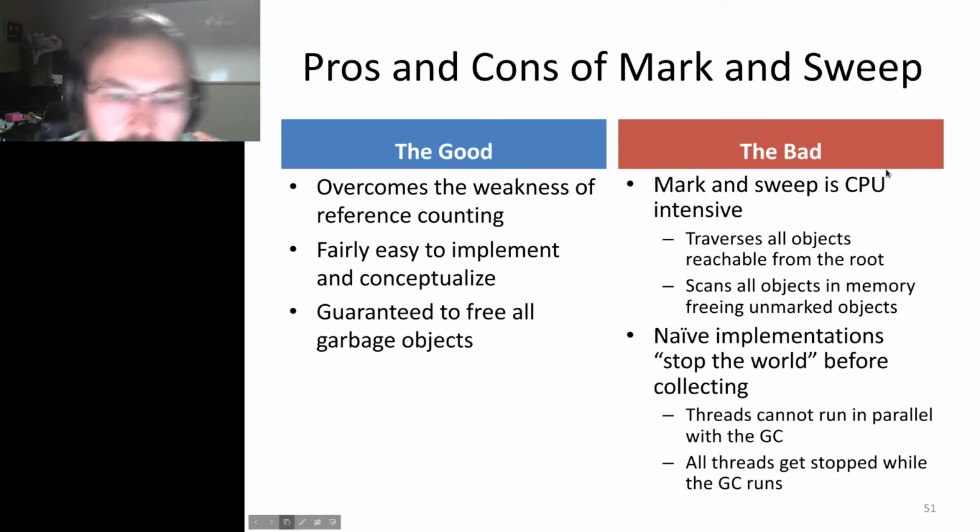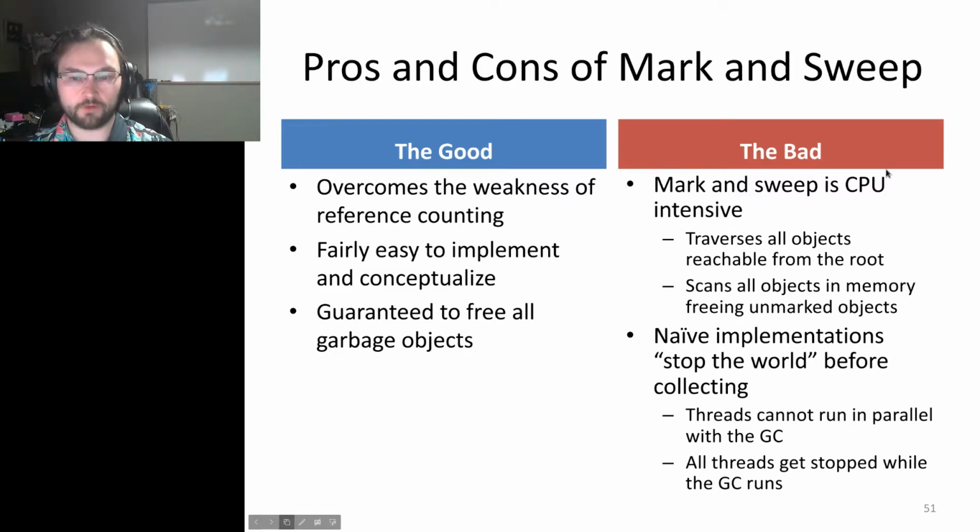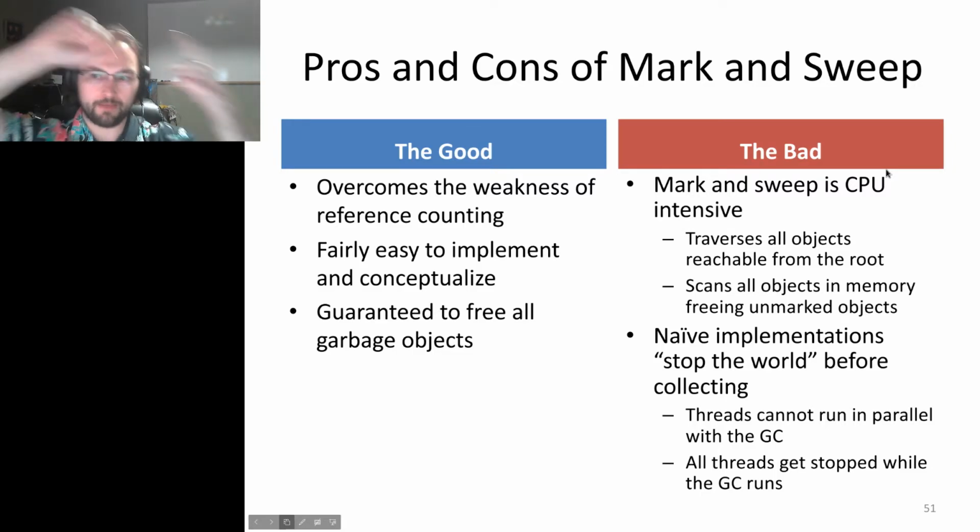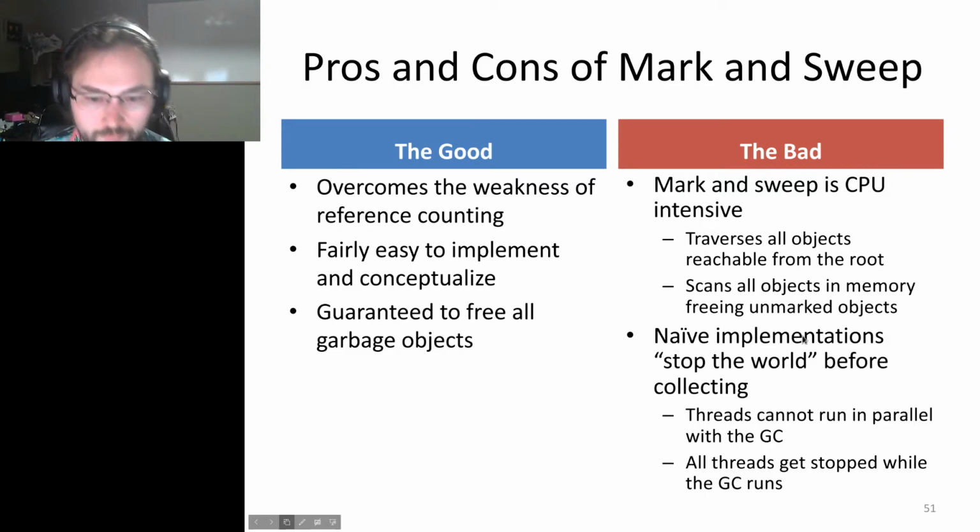And that's logically a linear time operation based on the entire size of our heap, all allocated objects. In fact, not even just all allocated objects, but all objects that have been allocated for the entire life of the program that haven't yet been freed. So both allocated objects and garbage objects. We have to scan all of them.